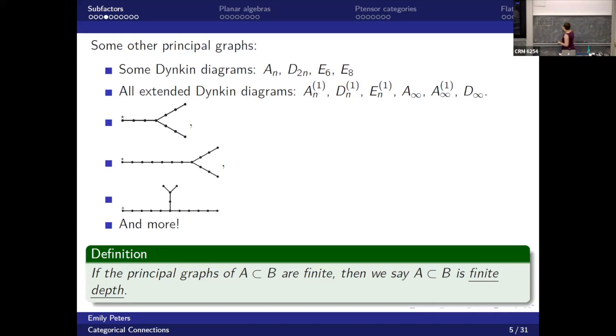So in this tensor category, you have a unit object, which is A as an AA bimodule. So that little star labels our unit. Okay, and if your principal graph is finite, then you only have finitely many irreducibles, and we call these kinds of factors finite depth. These are the ones that are easy to get our hands on.